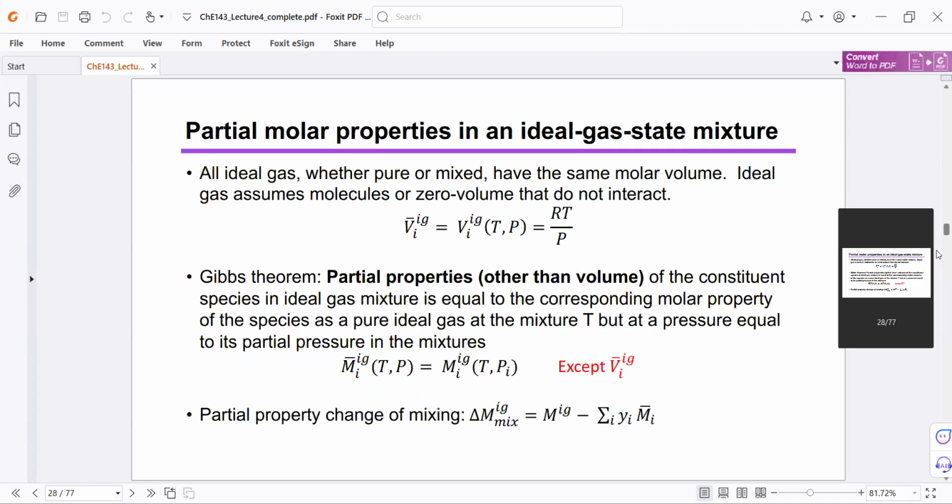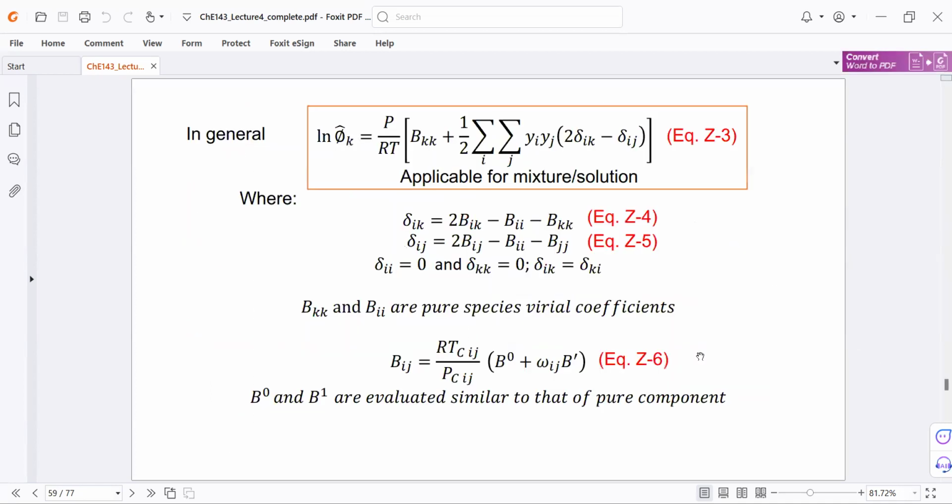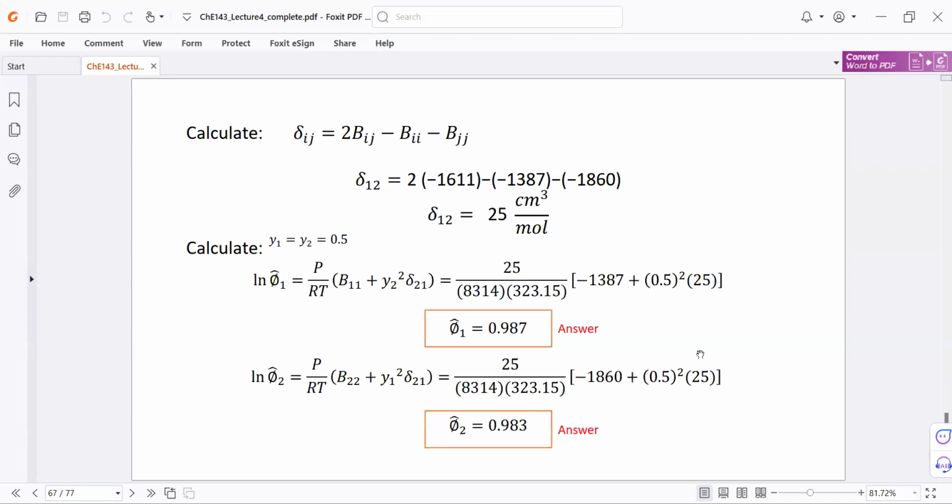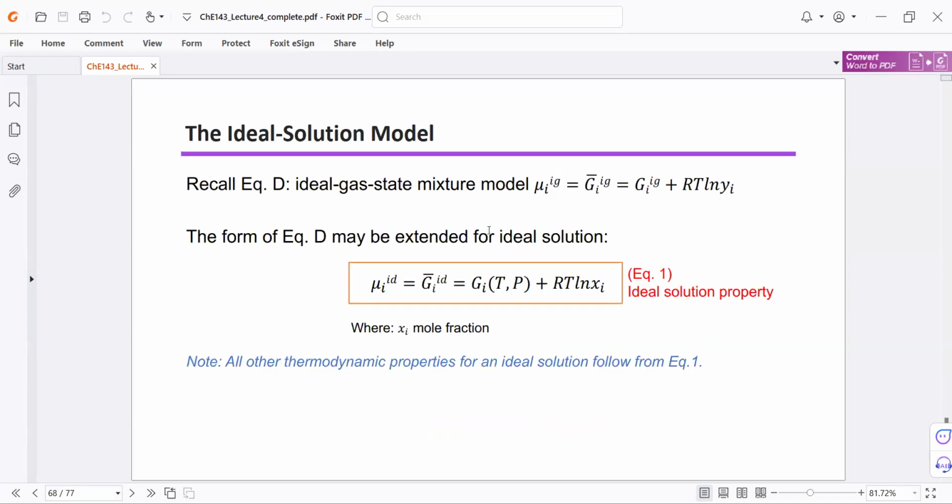So let me jump back to the ideal solution model slide. Okay, so again, the reason why the ideal solution model is important is because although it's an idealized model and it has simplifying assumptions to make calculations easier, we can use it to serve as a reference or starting point to understand the more complex real solution behaviors.